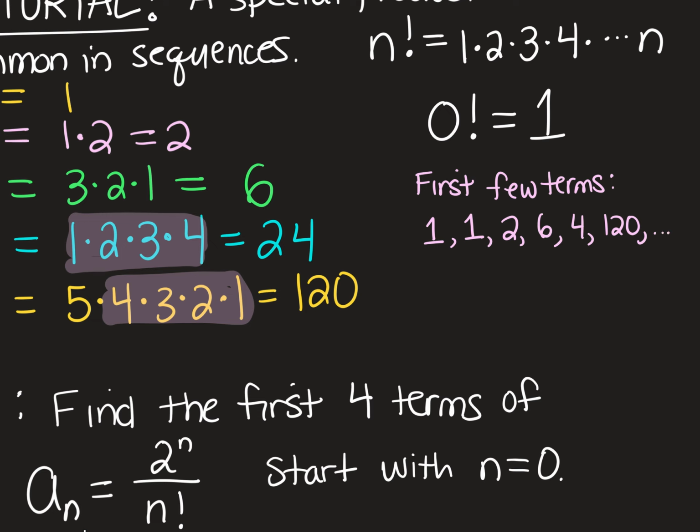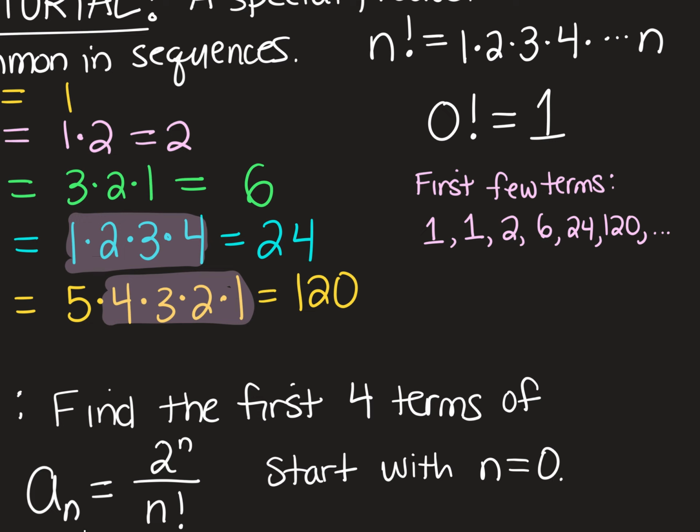I wrote that because if you start to see that in a sequence, then you know you're dealing with a factorial. So you have this capability of recognizing now a factorial when it's present. So watch out for that pattern. It shows up a lot. In fact, it's going to show up more than once on your homework tonight.